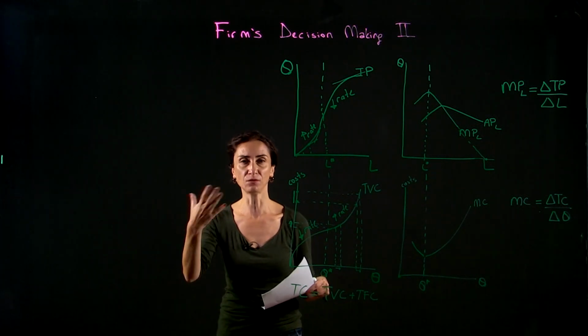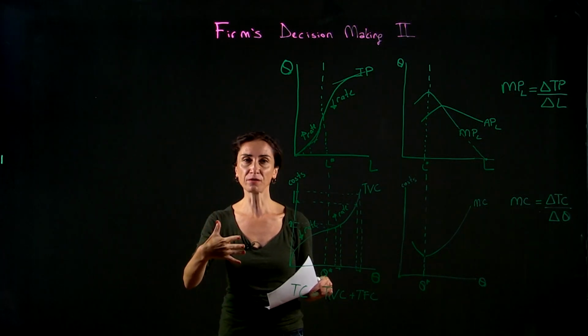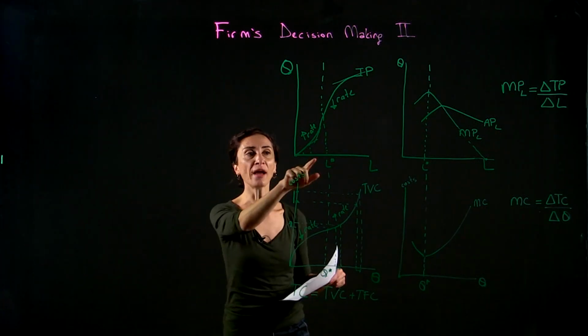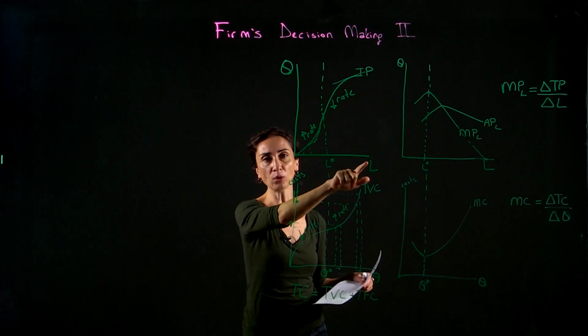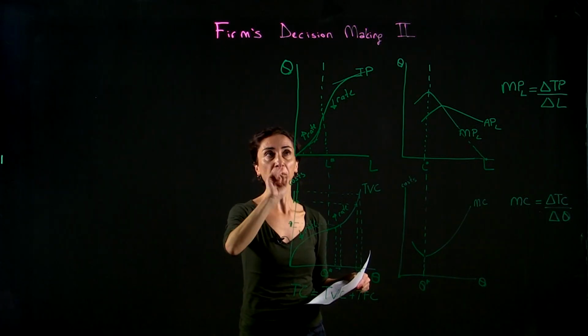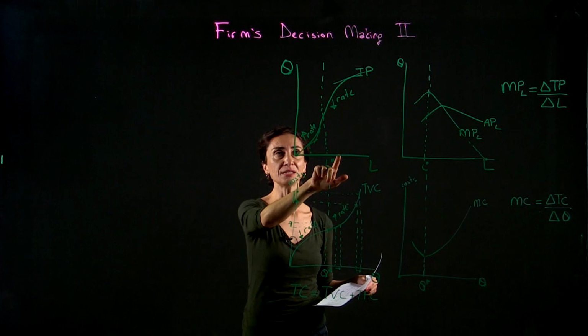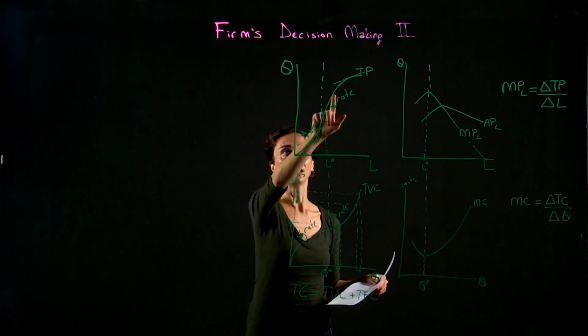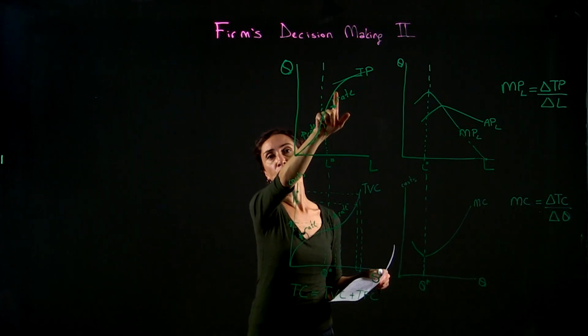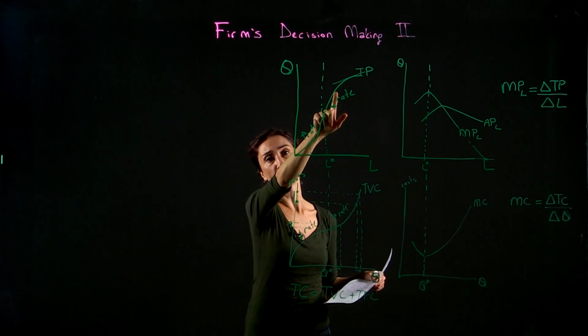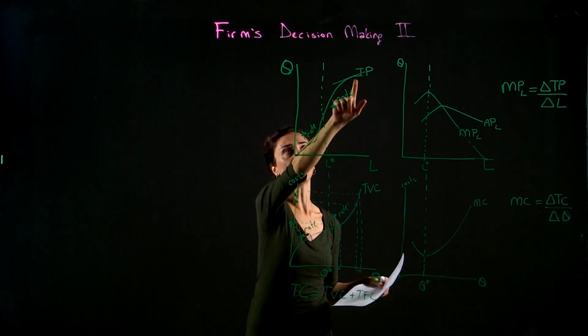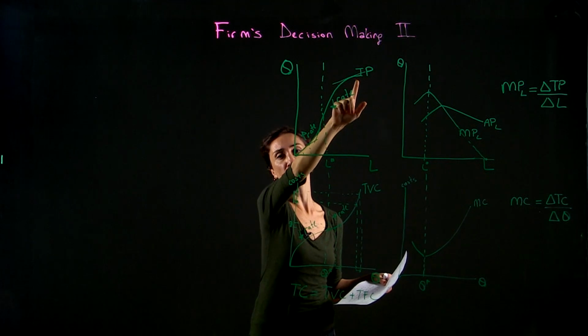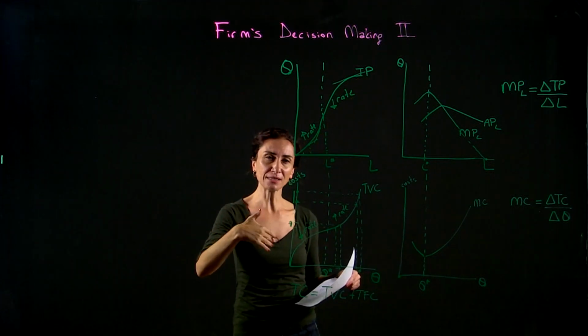The wage is given. The price of capital is given. So I'm paying the same amount for all these labors. But look, this labor here adds to the output, let's say, 4 sandwiches, but this labor here adds only 1 sandwich. Marginal product is diminishing.